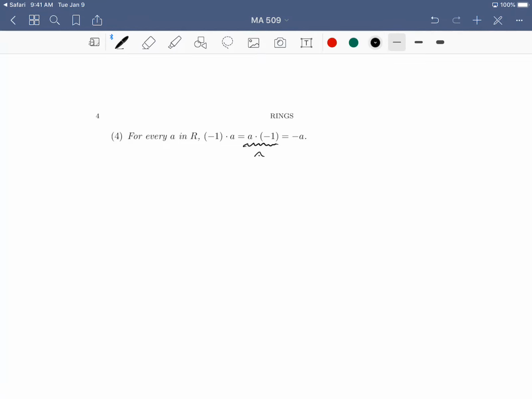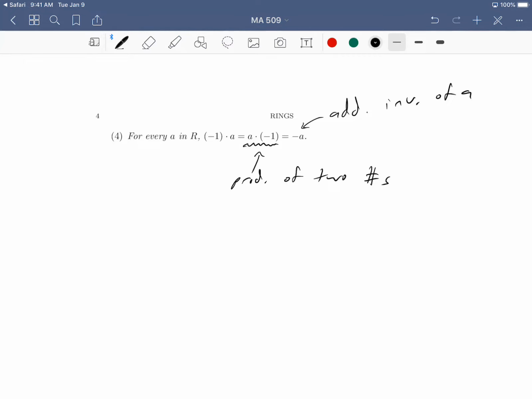So this is talking about a product of 2 numbers, right? Minus a, that's not talking about a product of 2 numbers. That's talking about the additive inverse of a. So what we're saying here is that when I multiply a number by -1, that gives me the additive inverse of a.